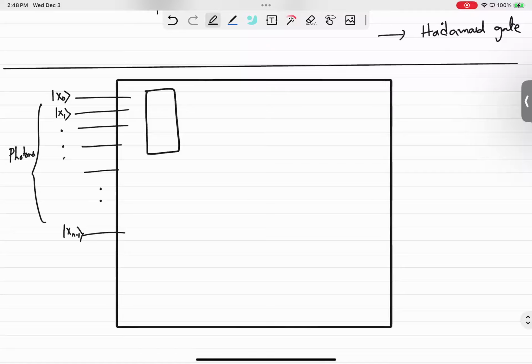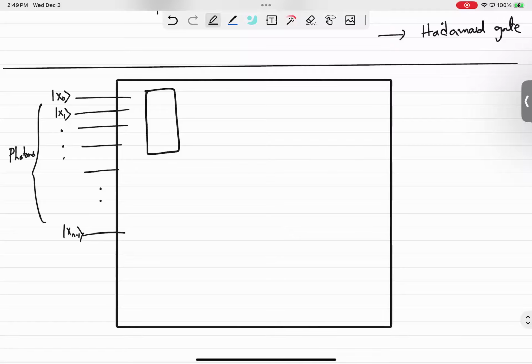So the circuit is quantum, but the inputs are still classical. I'm trying to compute something like, let's say I want to compute majority of X for whatever reason. That's a trivial thing. We could have done it classically, so it's not as interesting an example. But that's all there is. And I'm trying to compute an usual function just as we did before, but the circuit is quantum. Okay. And the way we load up the input is by having n photons. Okay. And the initial state of each of the photons corresponds to the input bit that we have.